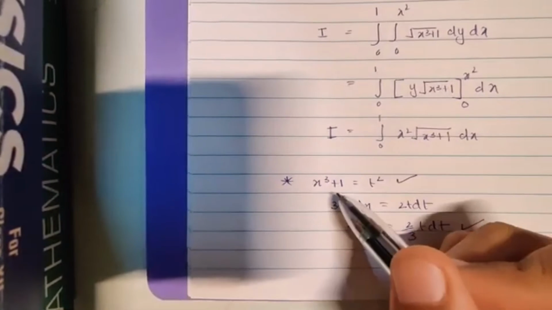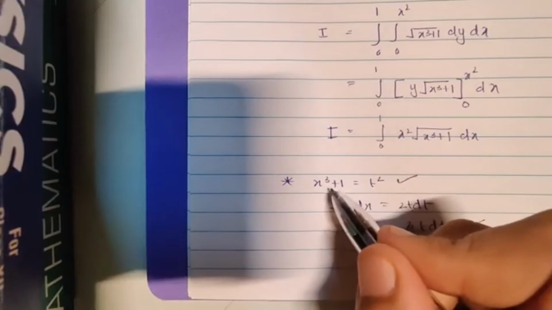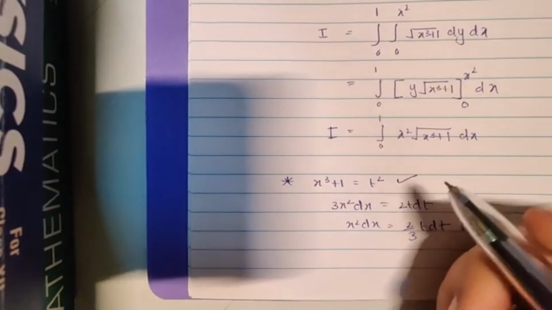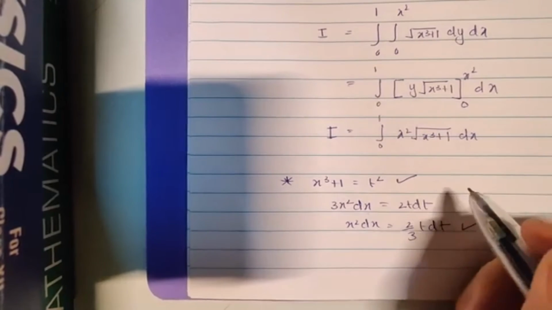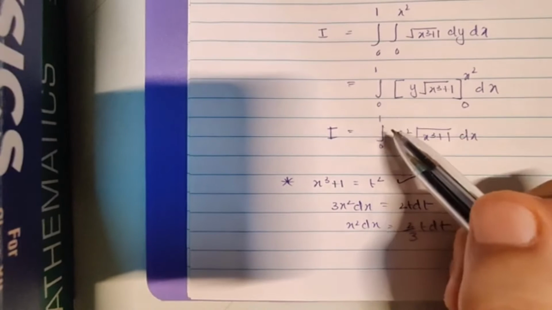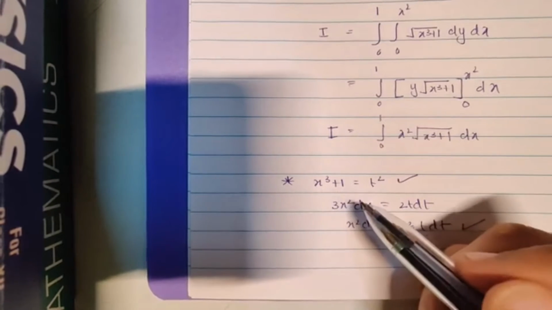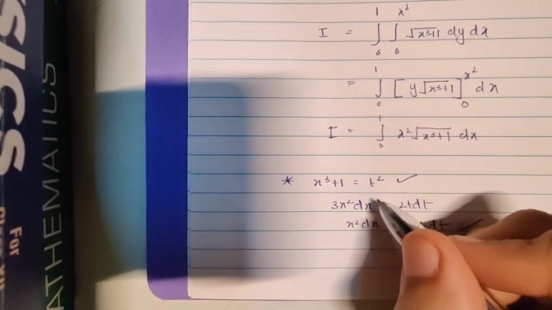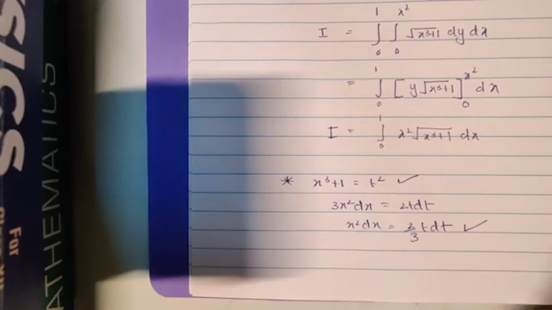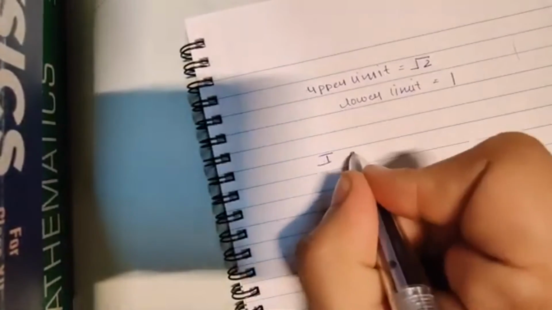First you substitute the lower limit, which is 0. 0 plus 1 is equal to t square, that means t is equal to under root 1, which is again 1, and then we have the upper limit as 1. So 1 cube plus 1, which is 2. Therefore t is equal to under root of 2. And we reach our almost final destination, almost, not yet.